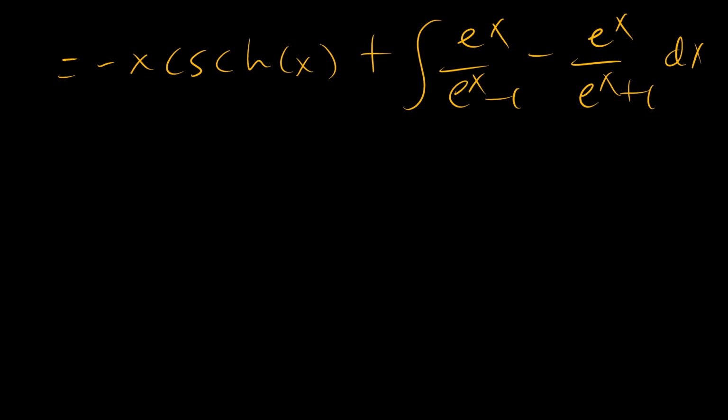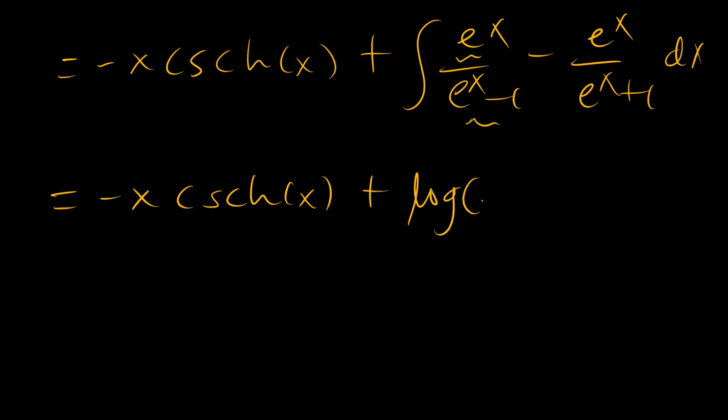And from here we can easily see that the numerator here happens to be the derivative of the denominator for both parts of the fractions, and it's straightforward to know that we have natural logarithm of e to the x minus 1 minus log of e to the x plus 1.